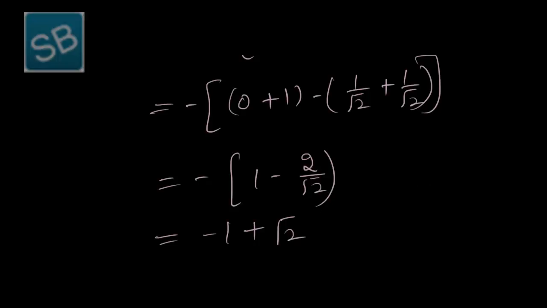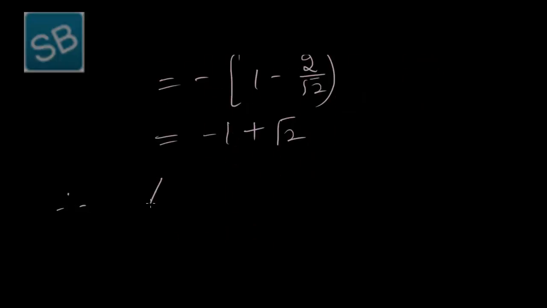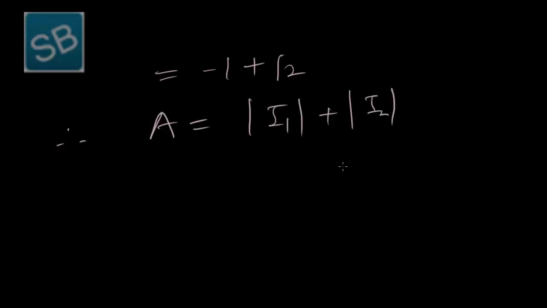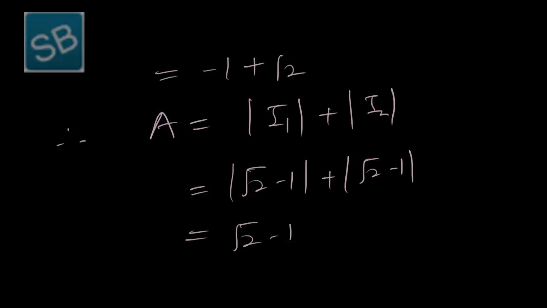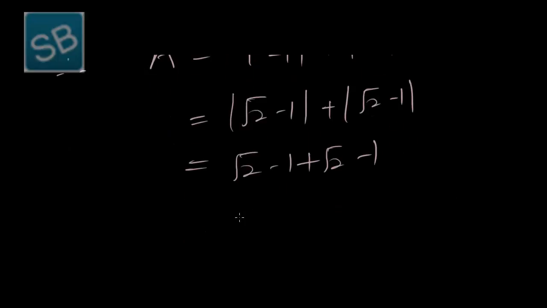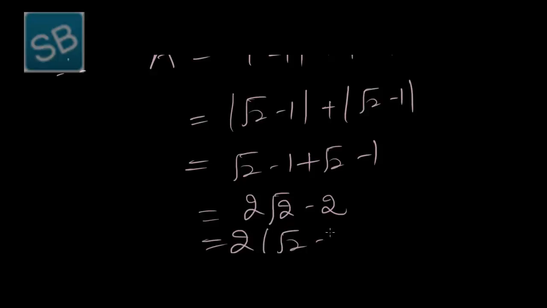So the required area is mod I1 plus mod I2. That is, we get root 2 minus 1 mod plus root 2 minus 1 mod, that is root 2 minus 1 plus root 2 minus 1. So we get 2 root 2 minus 2, that is, 2 is common out, 2 times (root 2 minus 1) square units.